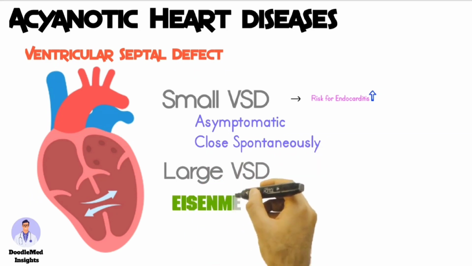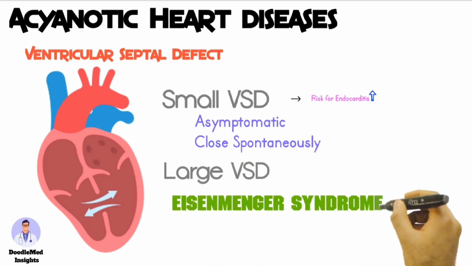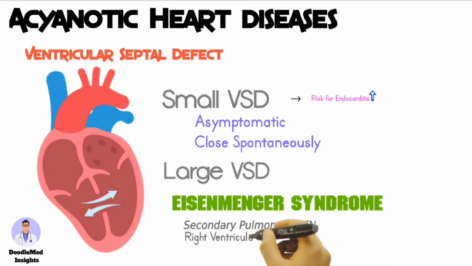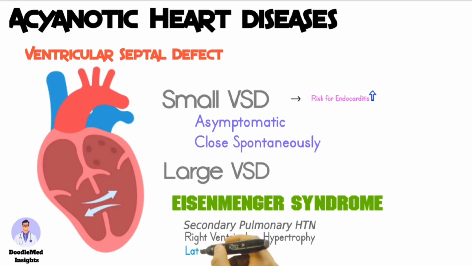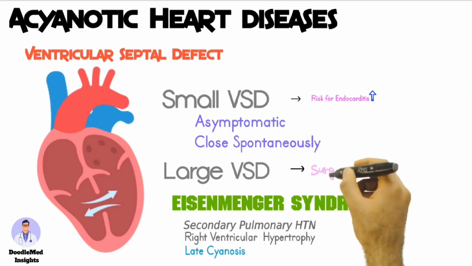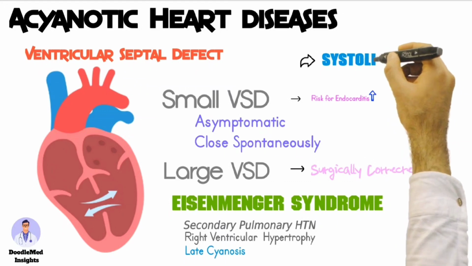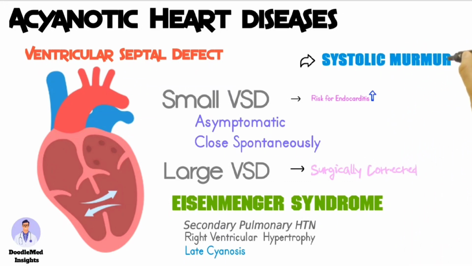A large ventricular septal defect may cause Eisenmenger complex, which is characterized by secondary pulmonary hypertension, right ventricular hypertrophy, and late cyanosis. Large ventricular septal defects can be surgically corrected. In both types, a systolic murmur can be heard on auscultation.